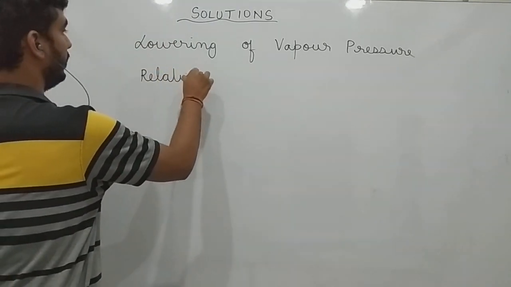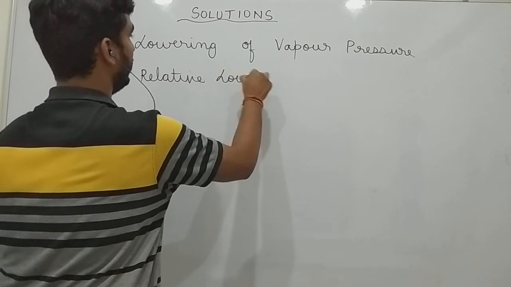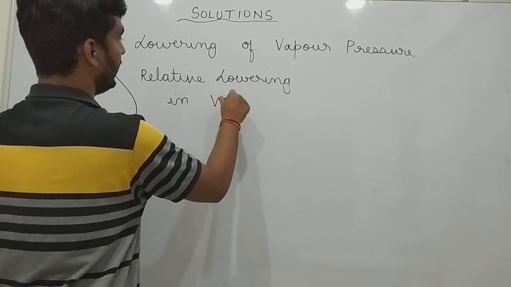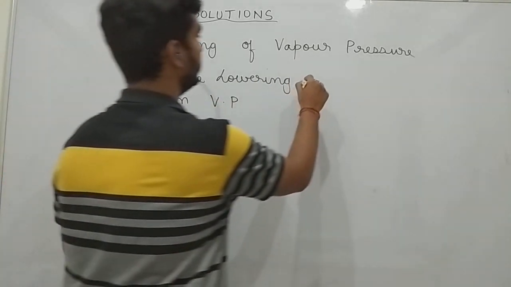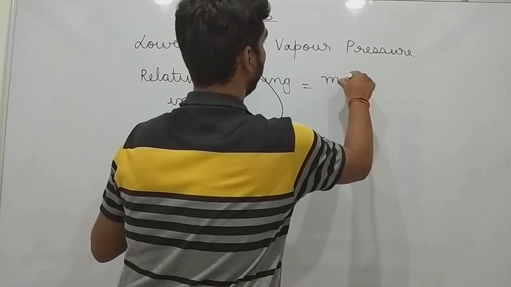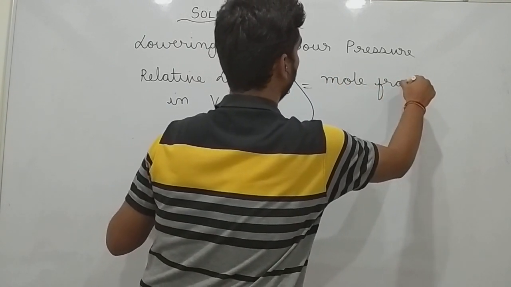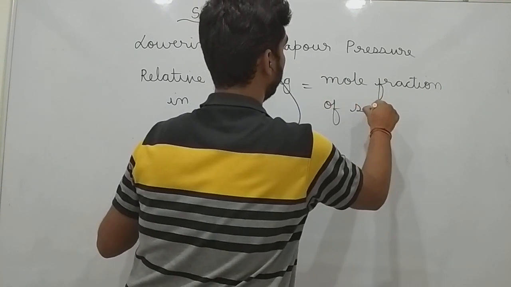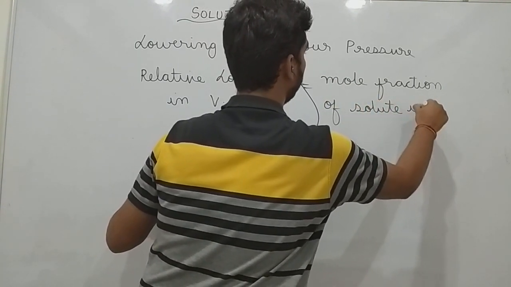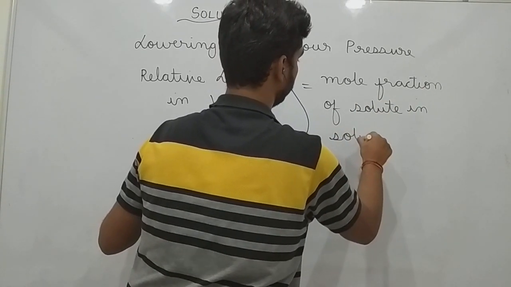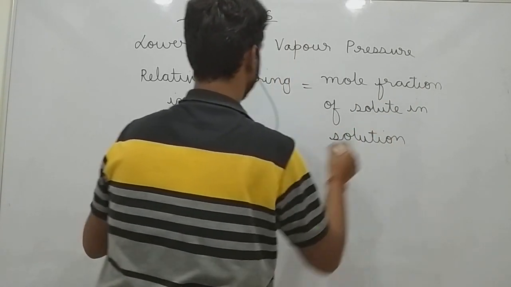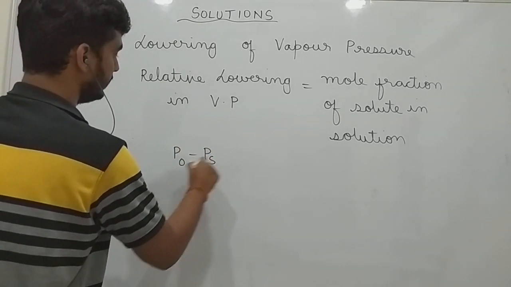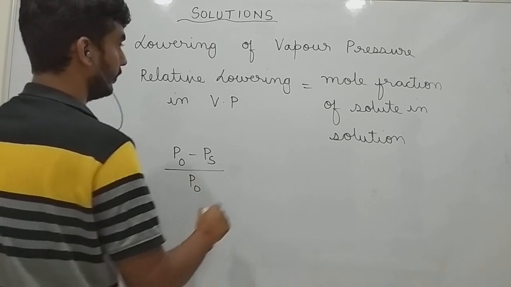Relative lowering in Vp, I am writing Vp for vapor pressure, is equal to mole fraction of solute in solution. Relative lowering in vapor pressure is what we have just seen, P naught minus Ps divided by P naught. This is the relative lowering in vapor pressure.